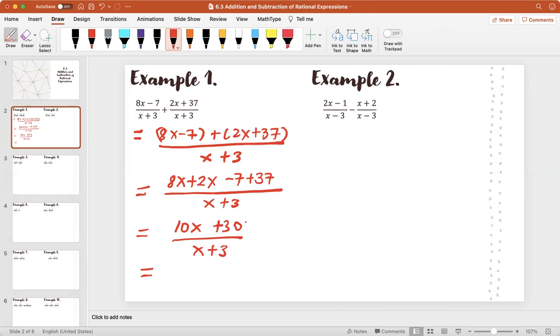There are only two terms, so chances are that's either a difference of squares, sum of cubes, or difference of cubes, but it's not. This binomial can be factored using the greatest common factor. So we look at 10 and 30. What's the biggest number that divides 10 and 30, everybody agrees? It's 10.